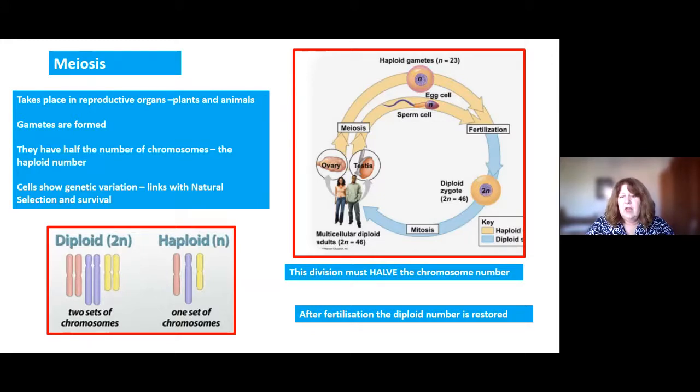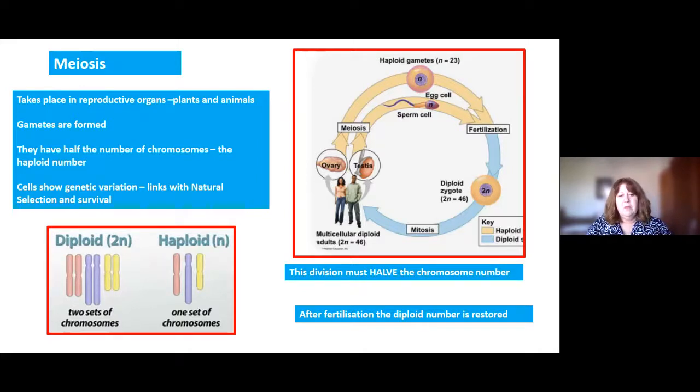In this process of meiosis, we produce 4 cells that are all haploid. That means they have half the number of chromosomes compared to the parent cell that they were formed from in the ovary or the testis or the parts of the plant. So the cells produced show variation, but as I say, that is not going to be our focus.